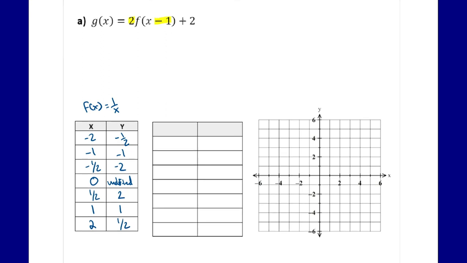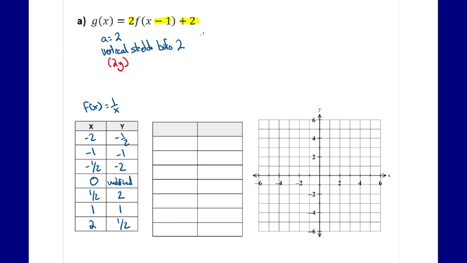So looking at our parent function, we have an a value equal to 2. So we have a vertical stretch by a factor of 2. This means that our y values are being multiplied by 2.